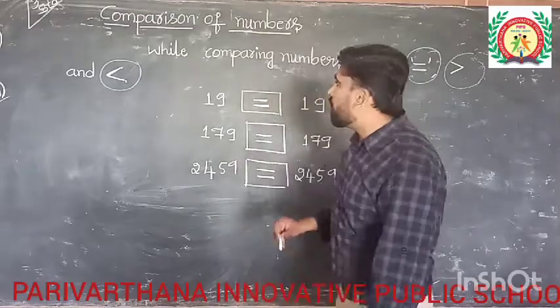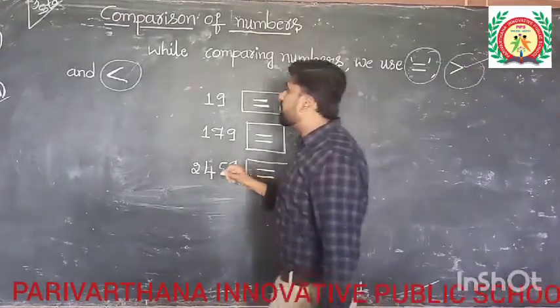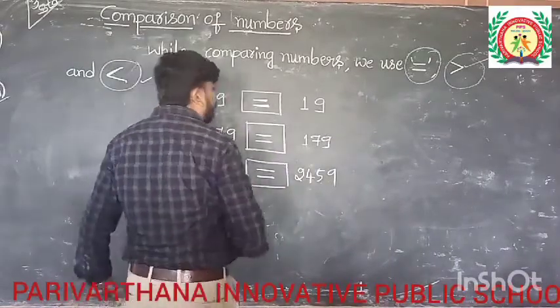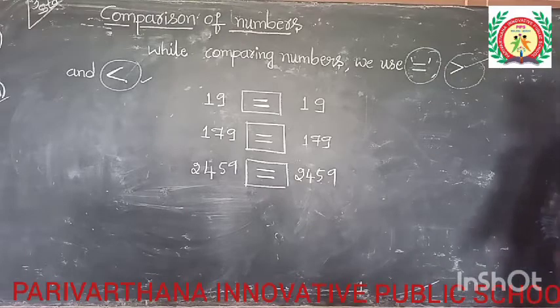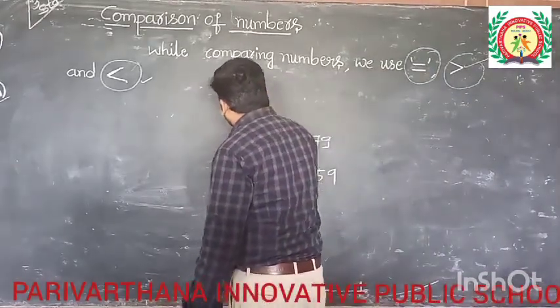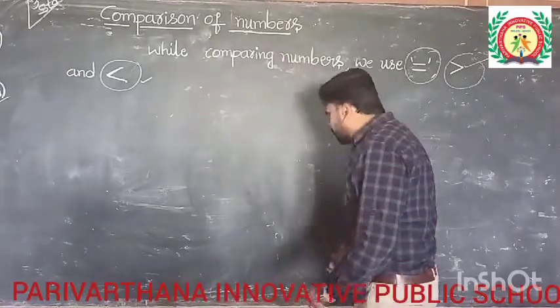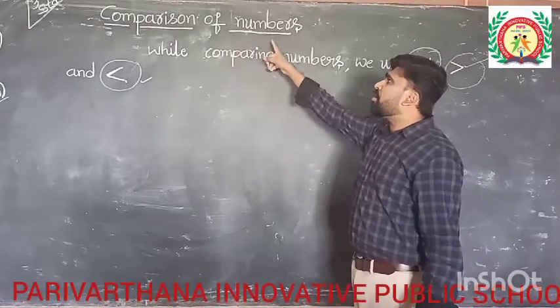Then afterwards we use greater than, and another one is lesser than. These are the two other symbols. In total, 3 symbols are used in the comparison of numbers. In your classwork, write the heading comparison of numbers.